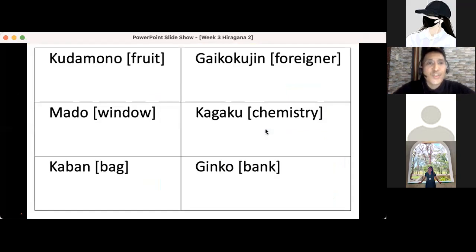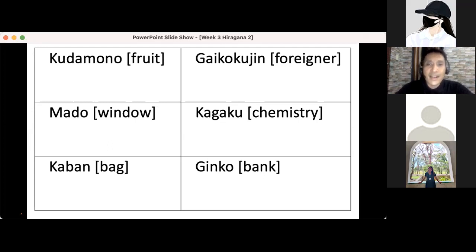Okay? So we have here some words to learn. Kudamono means fruit, mado, window, kaban means bag, gaikokujin means foreigner. So pag may pumunta ditong Hapon, tawag natin sa Japanese gaikokujin. Pag may Amerikano na pumunta, tawag natin sa kanila gaikokujin. Pag tayo yung pumunta sa ibang bansa, tawag nila sa atin ay gaikokujin. Tayo naman yung gaikokujin.